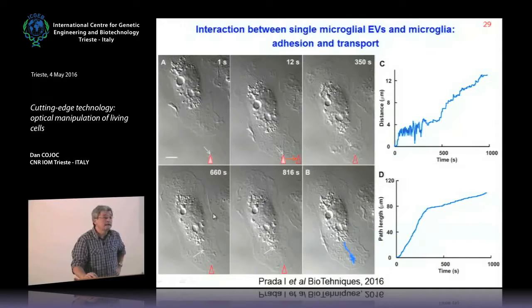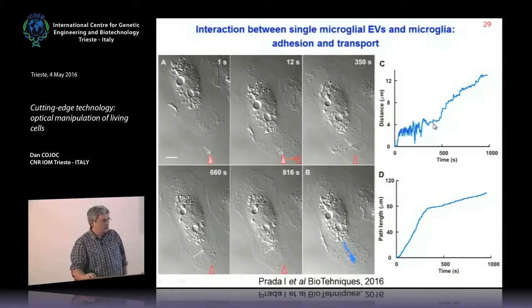Maybe here it is clearer. We have the vesicle. We position it on the microglia. Then we switch off the laser. Then we follow, and we see that not only does the vesicle adhere to the cell, but it also moves on the cell.